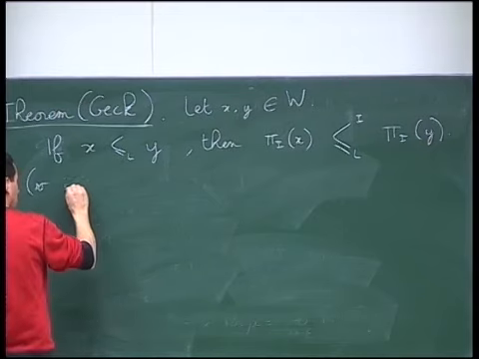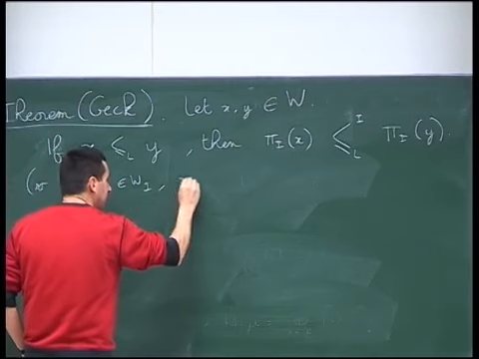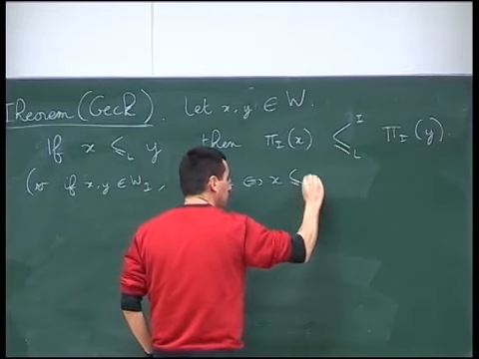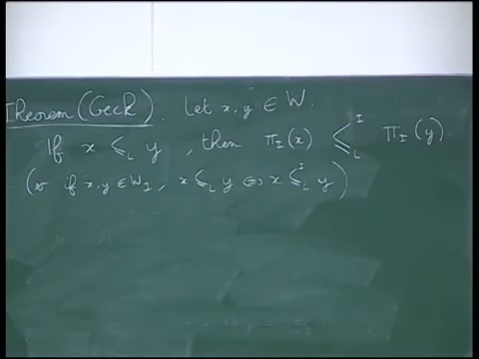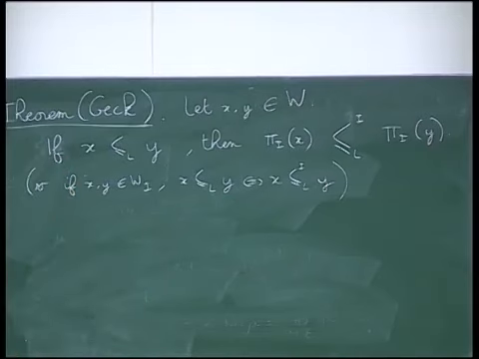So if x, y are in W_I, x is less than left y is equivalent to x less than left y in W_I. For stating the theorem I need to be precise here, but after the theorem is proved, we can assume that the relations are the same.